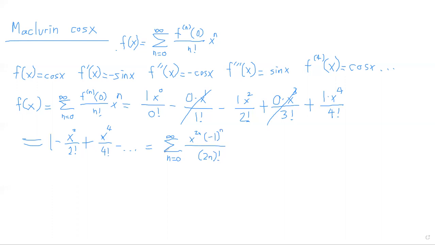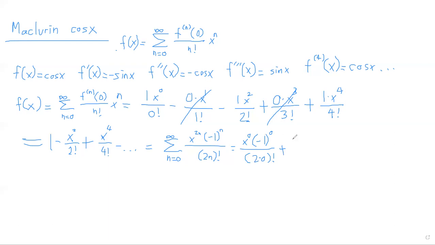And you can see for yourself that when you expand this out, it will equal these. I'll just put it out here. So at n equals 0, this is x to the power of 0, -1 to the power of 0, over 2 times 0 factorial. Plus.